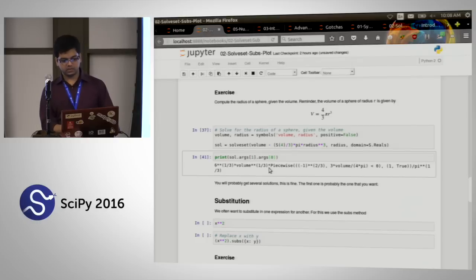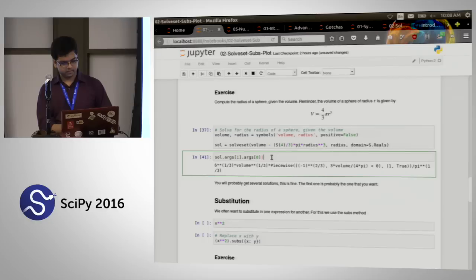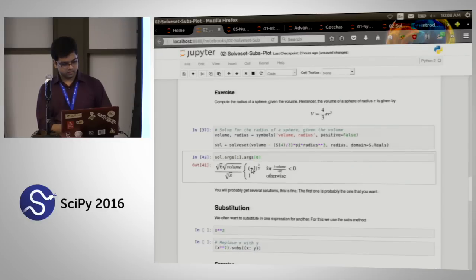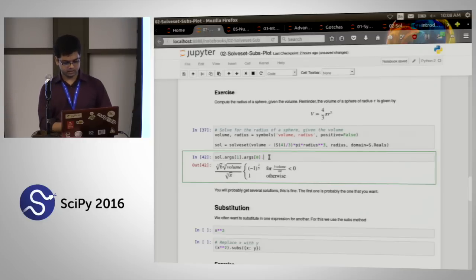So this is a piecewise function you are getting. You can substitute things in this.